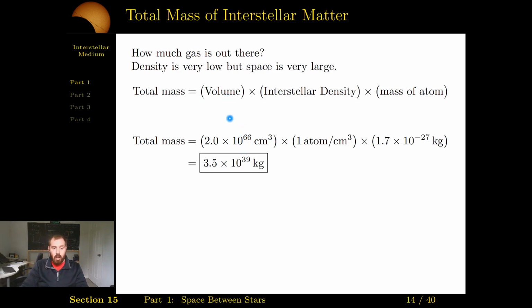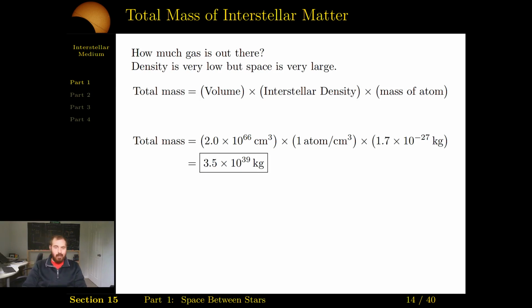All right, the volume we found before, 10 to the 66 cubic centimeters. We say, on average, we're estimating there's about 1 atom every cubic centimeter of volume. And that atom weighs 1.7 times 10 to the minus 27th kilograms. So stitching all of this together, we're going to find there is about 10 to the 39th kilograms of just stuff out there.